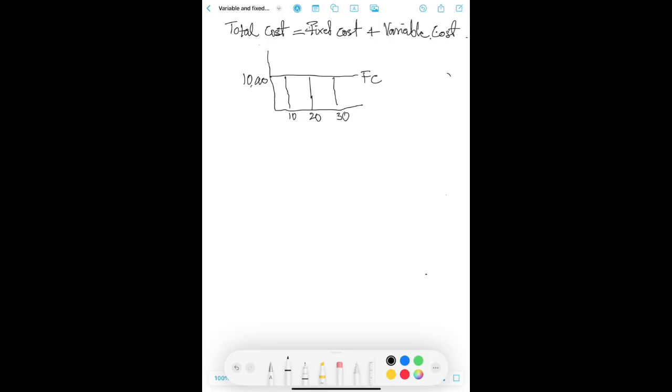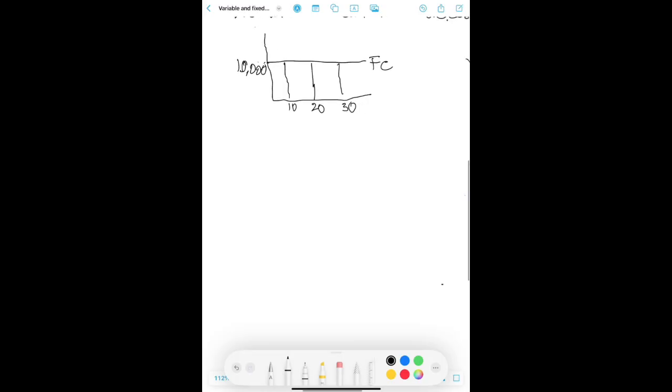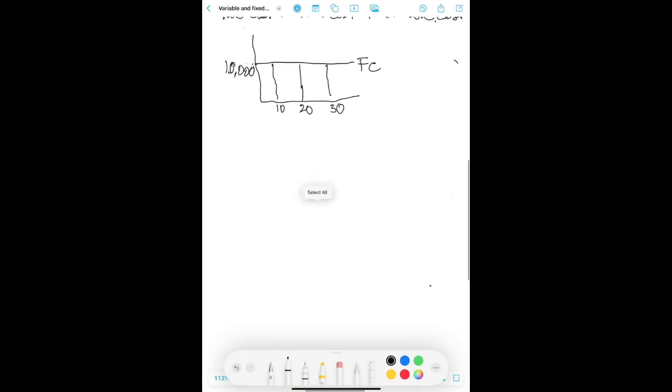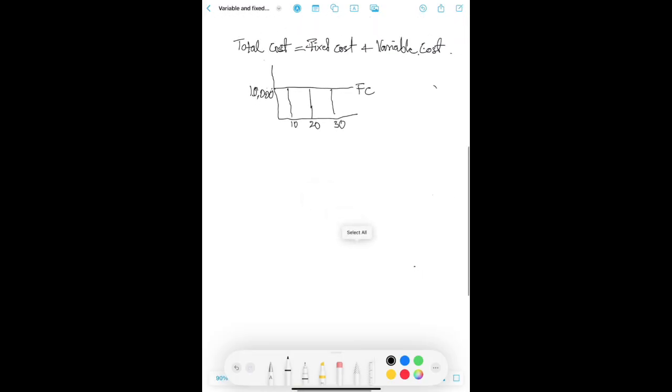Your cost remains constant at 10,000 naira, even as the activity increases. So that's what we mean.